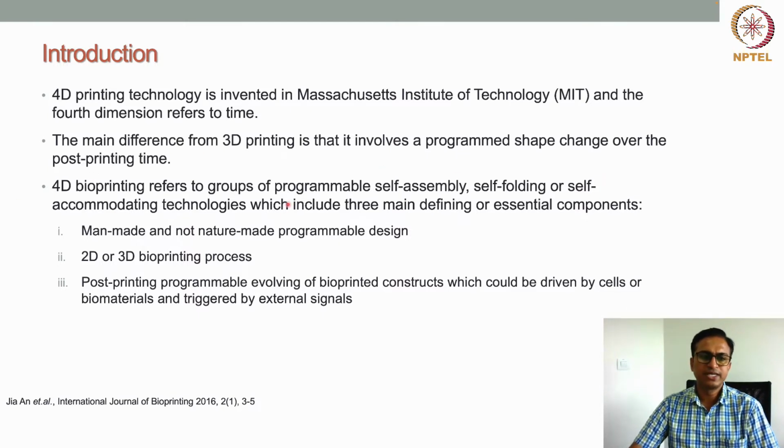4D bioprinting refers to the group of programmable self-assembly, self-folding, and self-accommodating technologies, which include three main essential components. Again, please note these keywords. 4D bioprinting refers to the programmable self-assembly, self-folding, or self-accommodating changes that can happen post-printing.